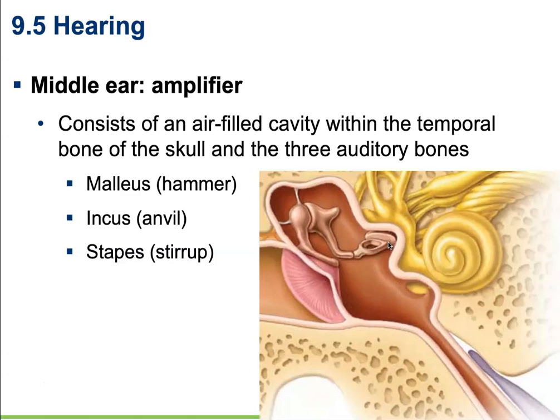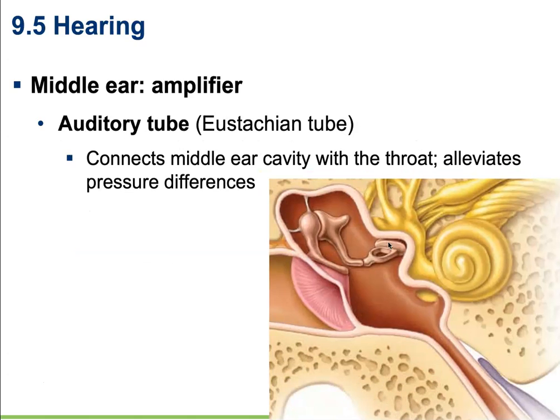Now, the one final component of the middle ear that we're going to mention is the auditory tube, also known as the eustachian tube. This is going to connect the middle ear cavity with the throat. This is what's going to be responsible for alleviating those pressure differences. So you may see it if you're ever flying or you're undergoing severe changes in pressure. One of the things that you can do is chew gum.